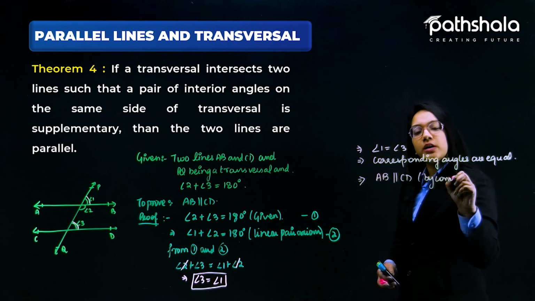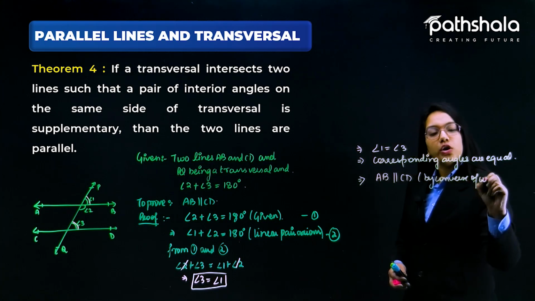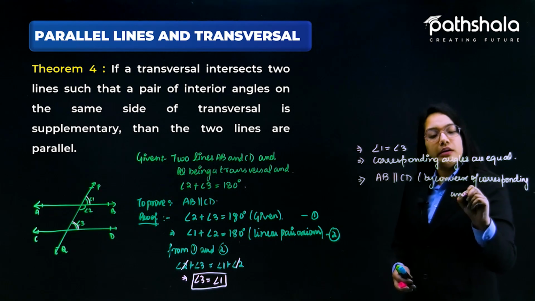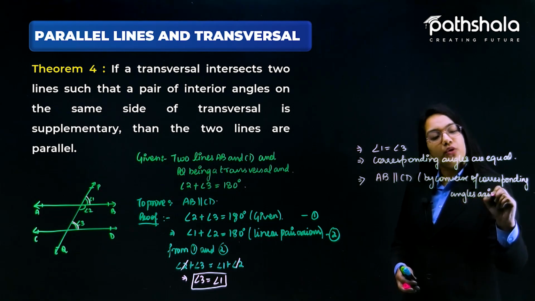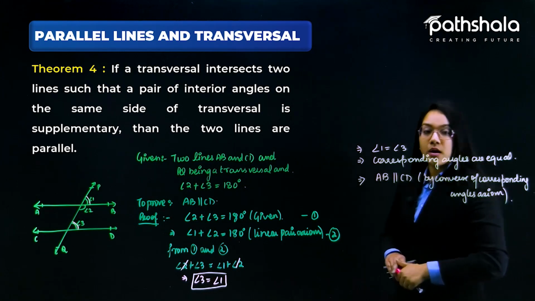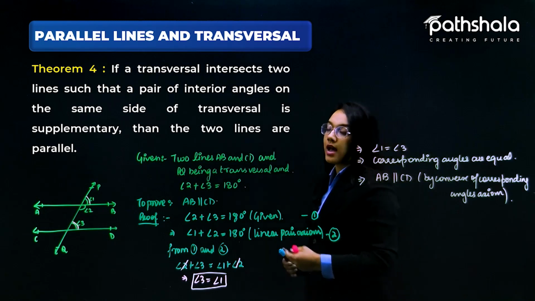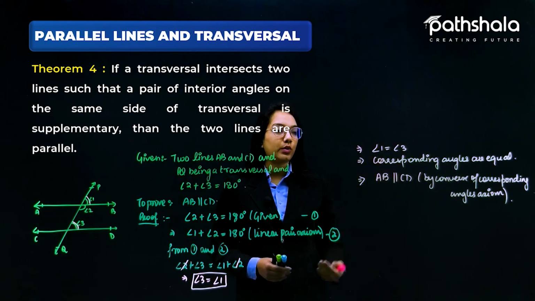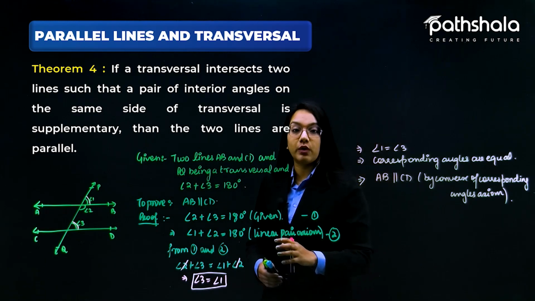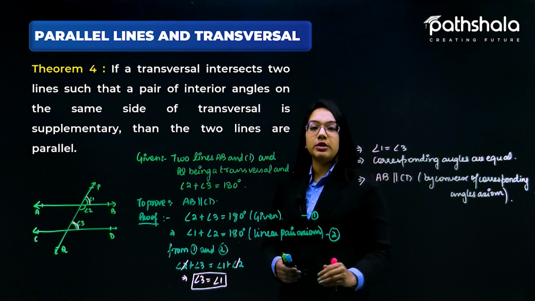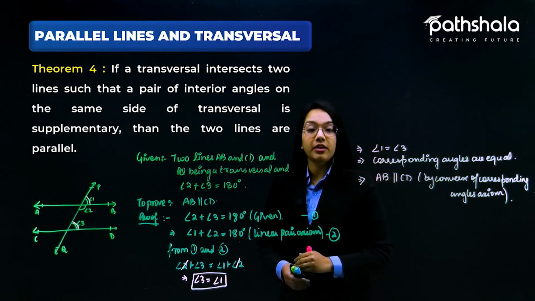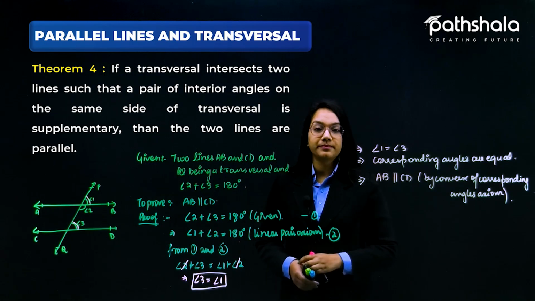The axiom says that if we have a pair of corresponding angles equal for a pair of lines and a transversal, then definitely the two lines are parallel to each other. So this is the proof of this theorem, that whenever a transversal intersects two lines such that a pair of interior angles on the same side is supplementary, then the two lines are parallel to each other.